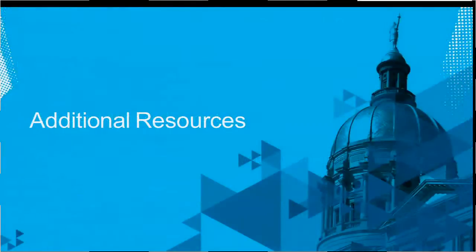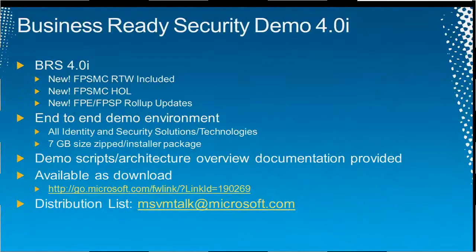Okay, additional resources. There is a downloadable 7 GB VM environment that you can go to. The forward link ID is 190269. You can download this zip package, which contains, I think, 10 or 12 VMs, and the topology looks something like this.